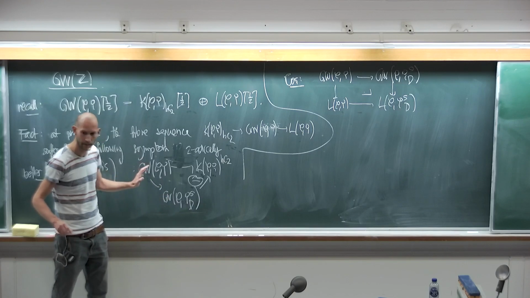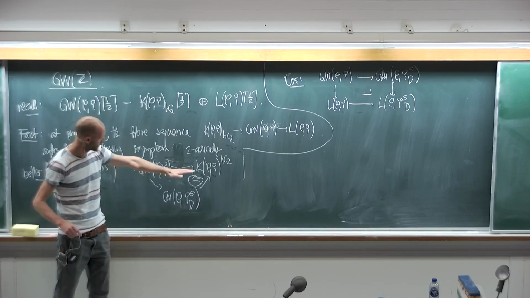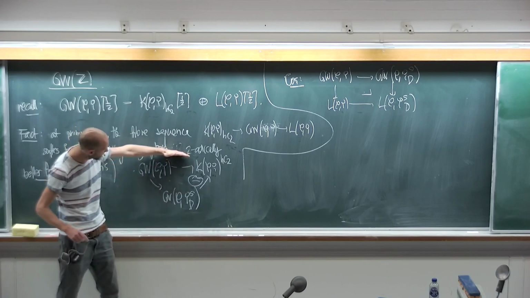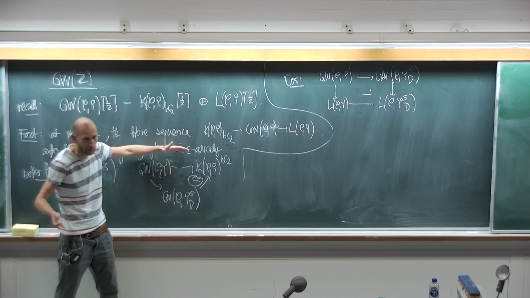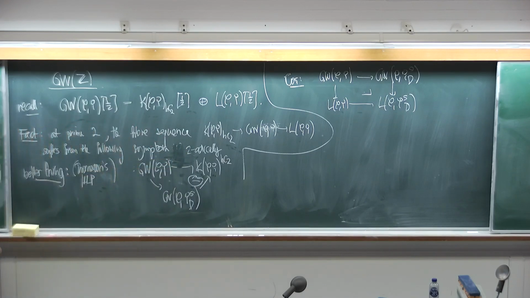I think the statement is if that map is an equivalence, then L theory is just Tate of K theory. That can or cannot be true. But the statement is L theory would be determined by this, of course, and that might or might not be true.